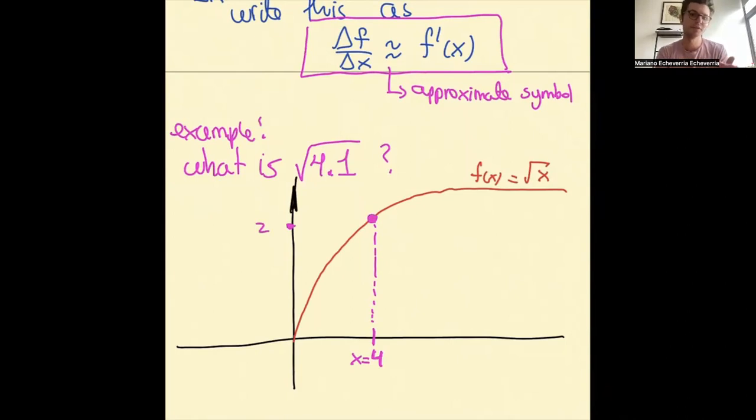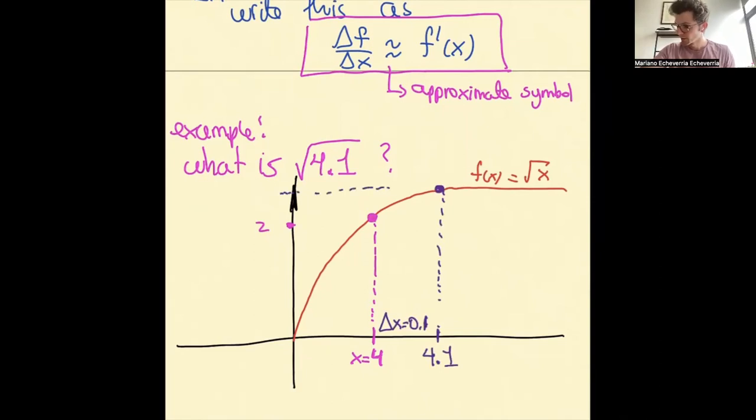And so what I'm going to do is move an amount delta x. What's the amount delta x that I have to move? I have to move a delta x equal to 0.1. So if I let my delta x be 0.1, I'm going to be here at 4.1. And I don't know this value.